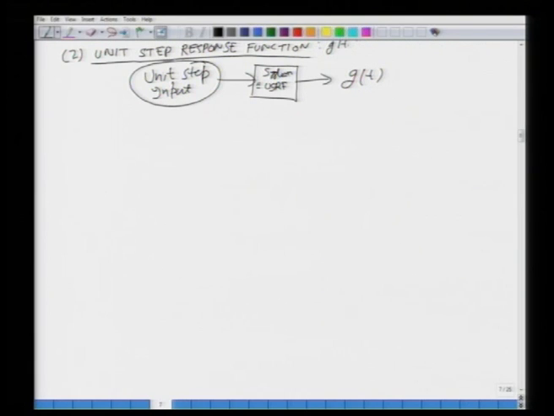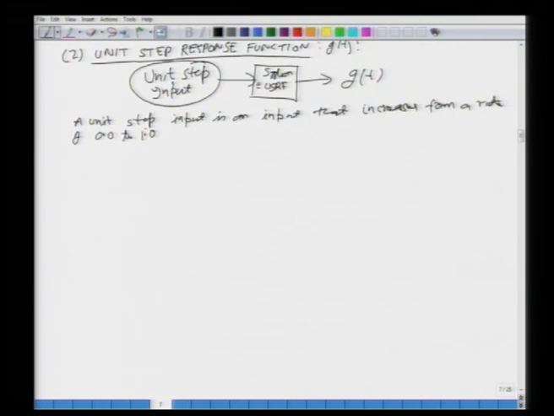Okay. So, in words, if you want to write it, let us first define what is this unit step input. A unit step input is an input that increases from a rate of 0 to 1.0, all right.